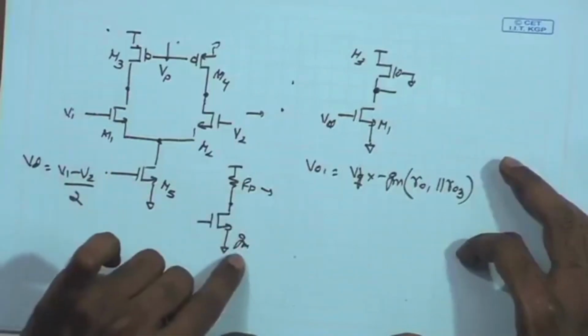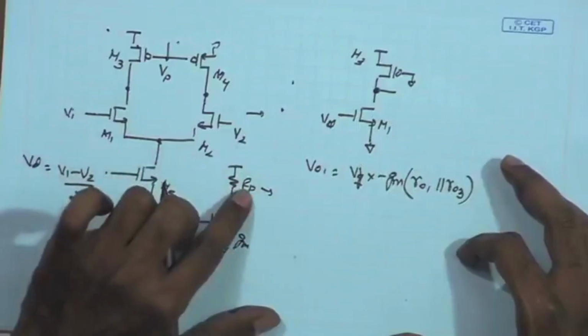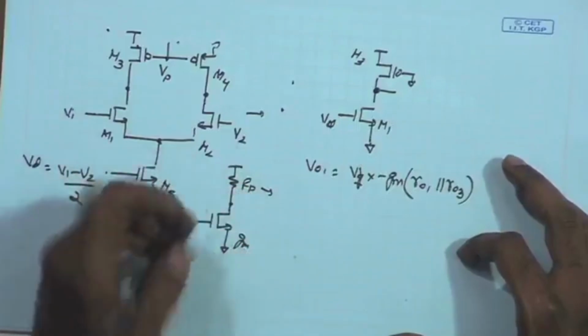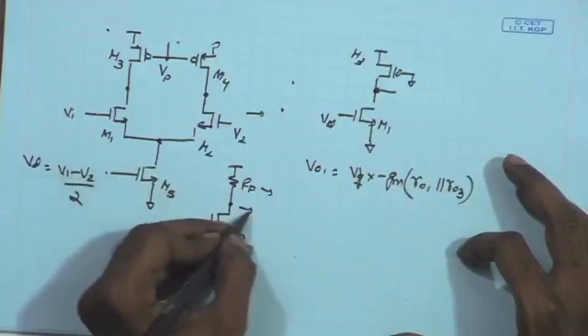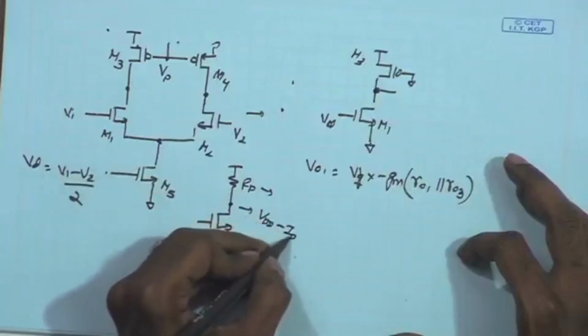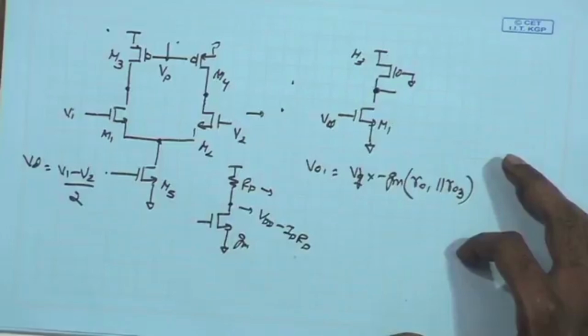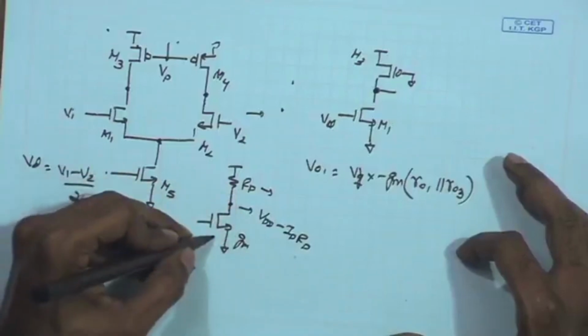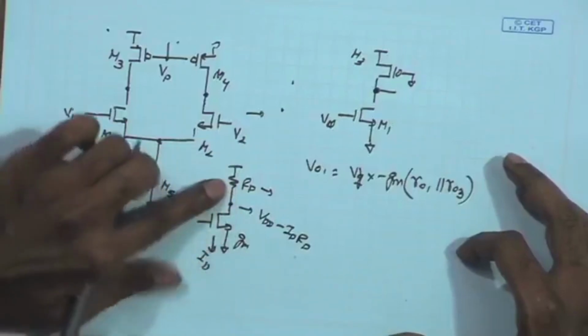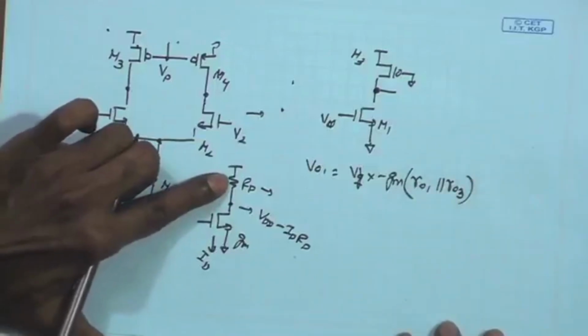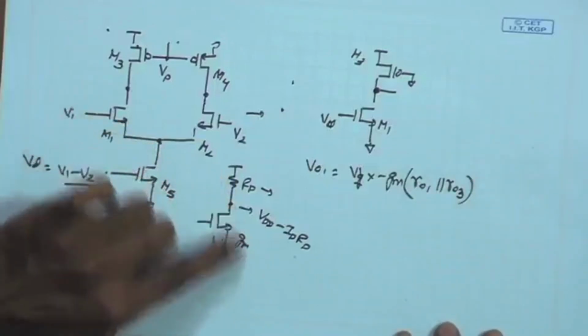So if I go for an increase in RD for a given bias current, we know that the DC bias point over here, given by VDD minus ID RD, will be coming down. So if I fix my bias current to ID and try to increase the gain by increasing RD, then I know that the DC bias point over here will be going down and down.